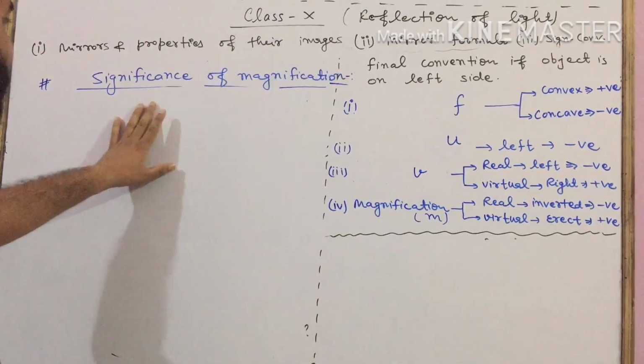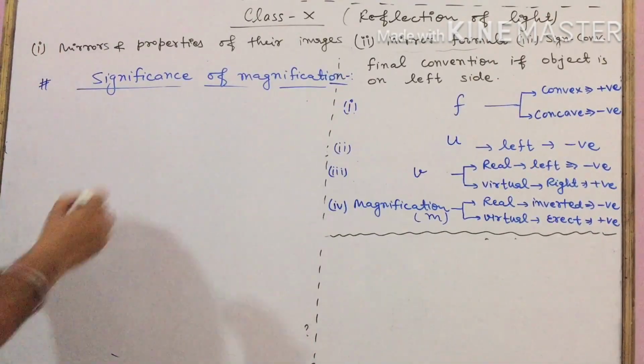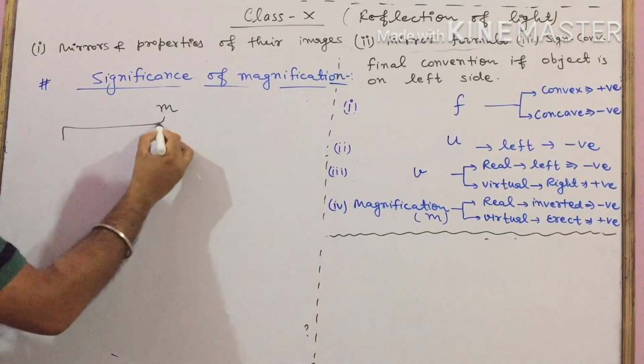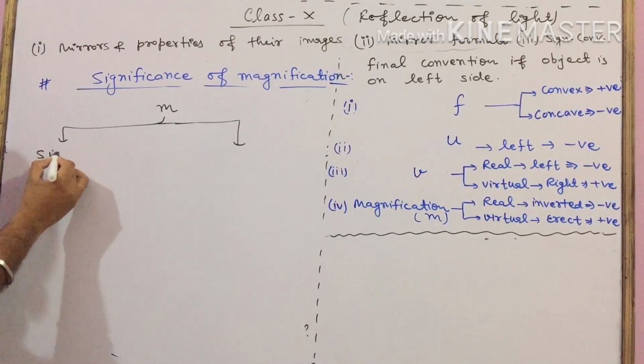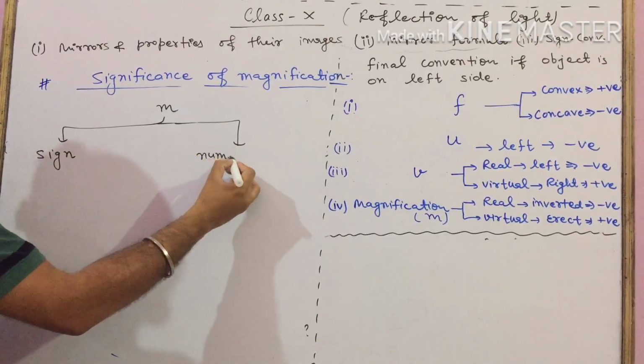Okay, that is the significance of magnification. See, this magnification has two parts. One part is its sign and one part is its numerical value.